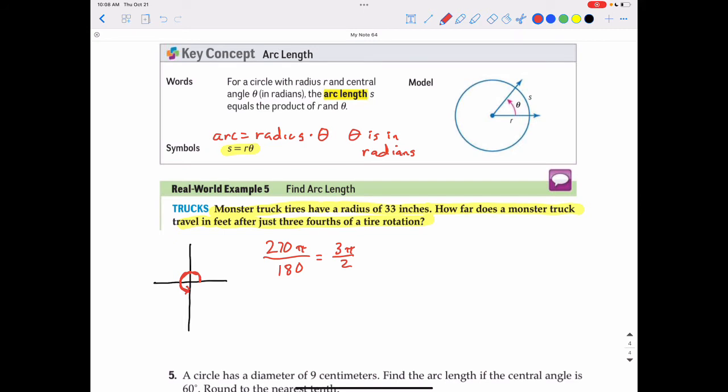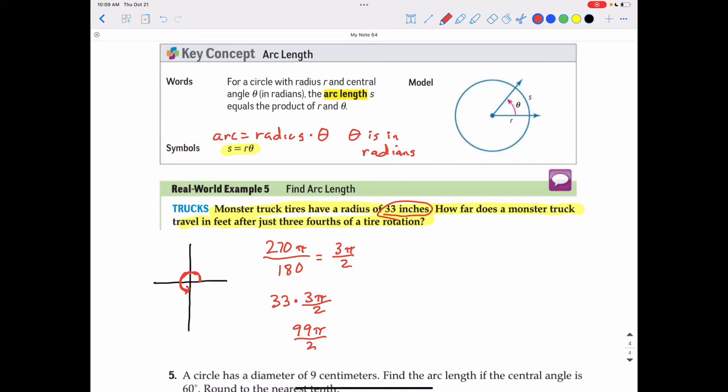So now I can use the formula for finding arc length, which is going to be the radius, in this case 33 inches, times the measure of the intercepted angle, 3 pi over 2. And that's going to equal 99 pi over 2. So the tire actually moves 99 pi over 2 inches because everything was given to me in inches.